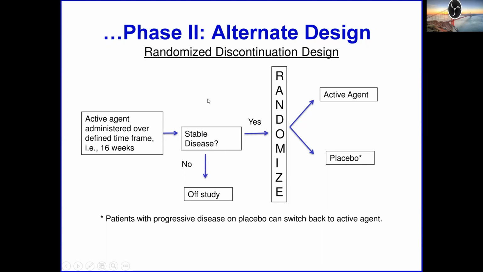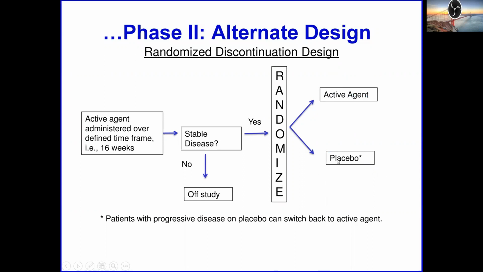Means in a run-in period, we administer the drug over a period of time and see the response, that the disease is stable, and then we randomize the patients into two categories, wherein the first group will receive the active drug and the second group will receive the placebo. Then the final analysis will be between these two groups.